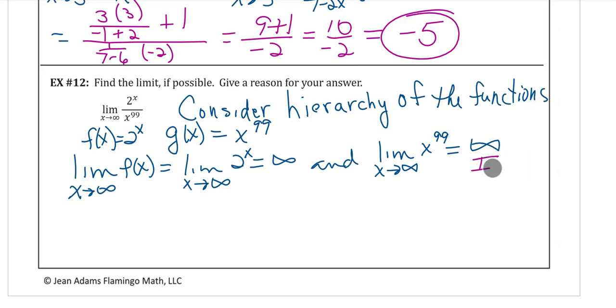So what are we going to do with this? I personally do not want to do the derivative that many times. So what do we do? We talk about the hierarchy.